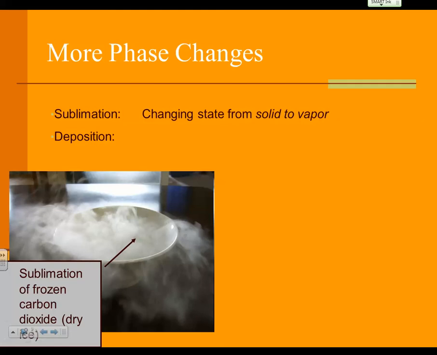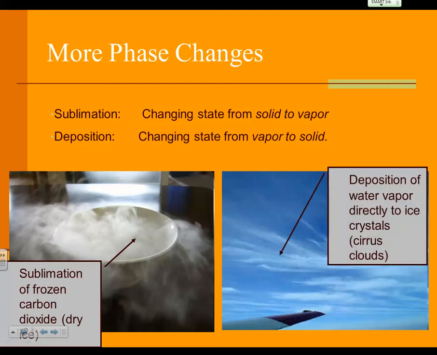But sublimation does occur when, like a snowbank, for instance, will slowly sublimate throughout the winter and get smaller just from that change in state. And going backwards from sublimation, we have deposition, changing state from a vapor, like water vapor, for instance, in the atmosphere, directly to solid, which are these ice crystals in those cirrus clouds.